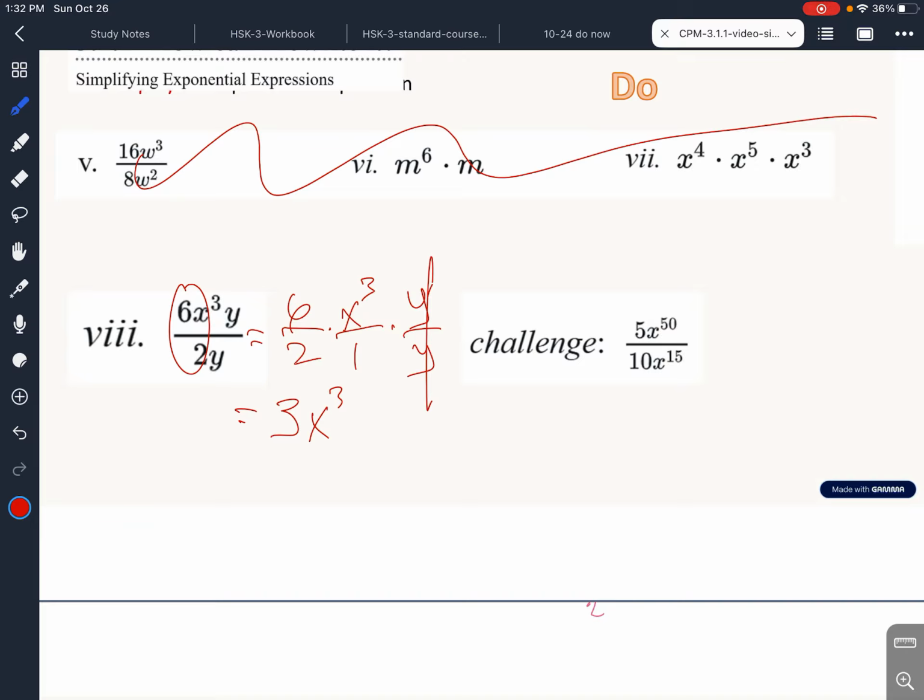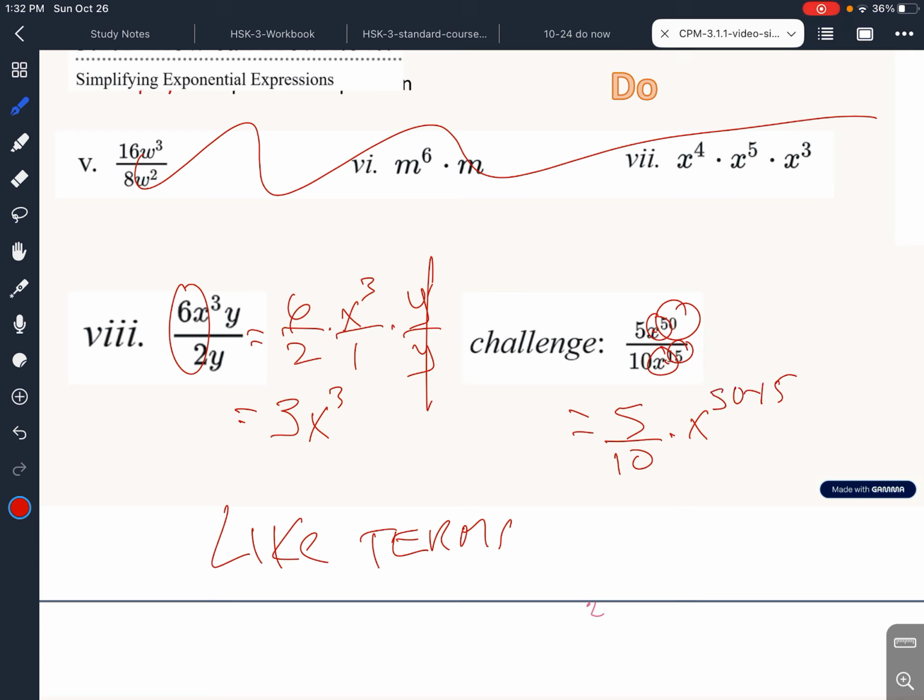Right? So here, this is the same as, I'm going to put my like terms together. I'm saying like terms. And x to the power of 50. Now, same base. So I'm going to subtract 50 minus 15.